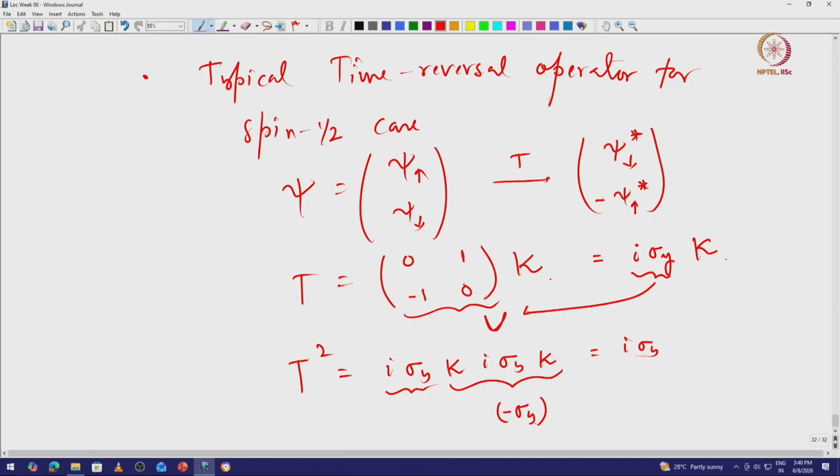And I goes to minus I. Okay. So, we get I sigma y, so equal to I square sigma y square, equal to minus 1 sigma y square, equal to 1. So, this is this. So, it is consistent with the T square equal to minus 1. Okay.